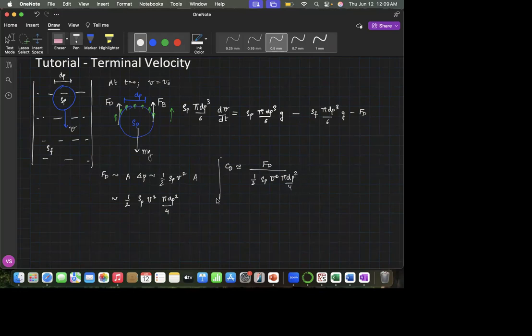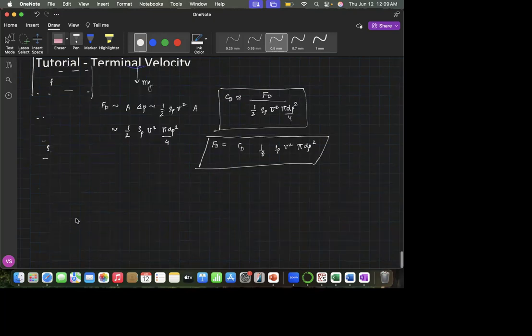That is how we define the drag coefficient. And from here, we get the drag force as the drag coefficient times 1/8 rho_p v squared pi d_p squared, right?